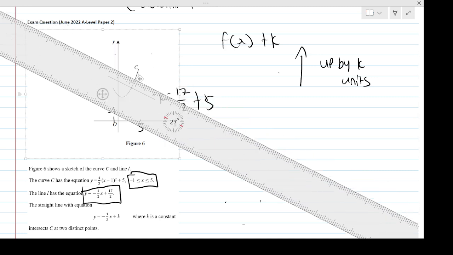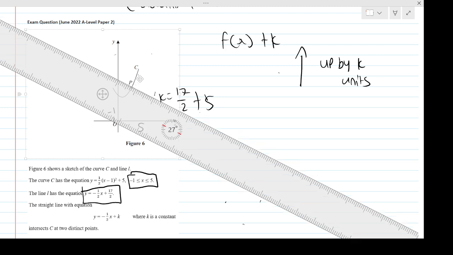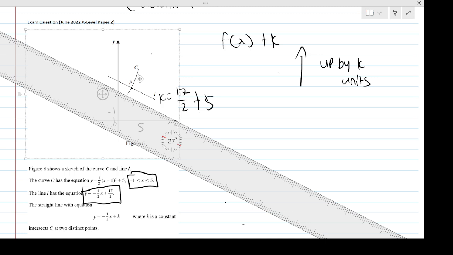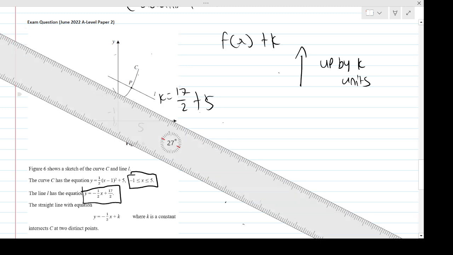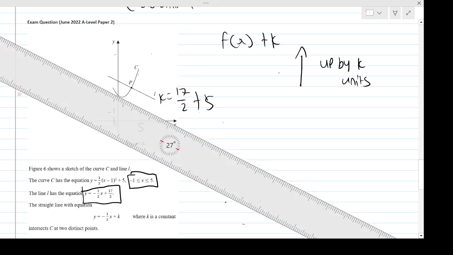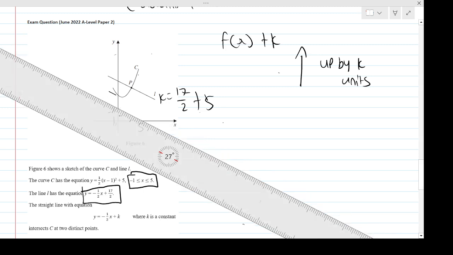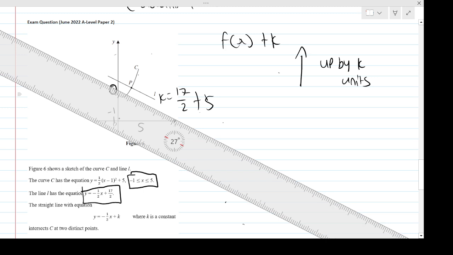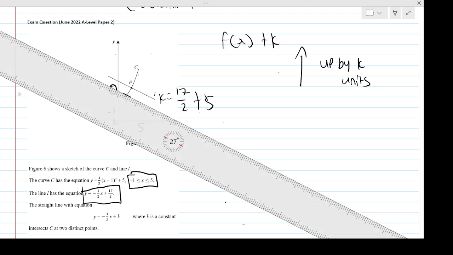So actually, we need to move down. If we keep moving down, eventually you should notice it crosses the furthest left point. Then if you match it there, it's going to cross there, but also at this point here. So that's when it starts crossing at 2 points.